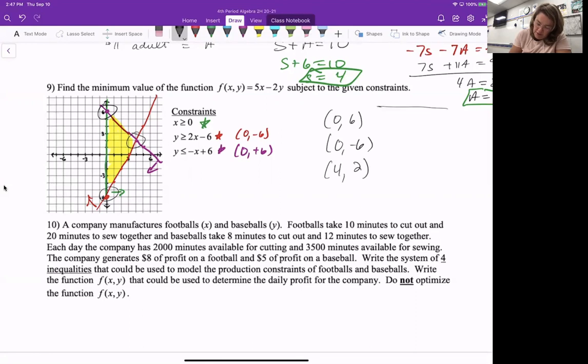And then we need to evaluate f of x and y at those locations. And so this would be 0 minus 12, so that would be negative 12. And this would be 0 plus 12, so that would be 12. And this would be 20 minus 4, which would be 16.